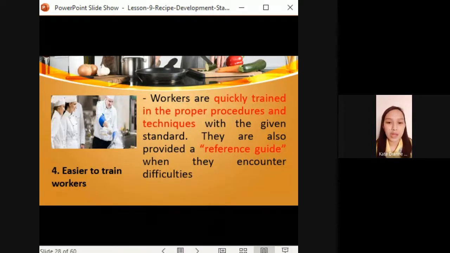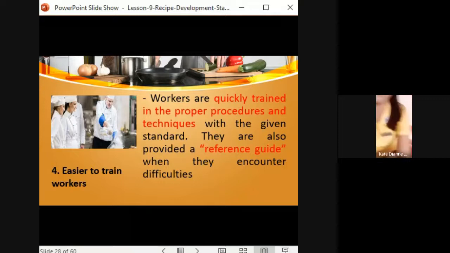Correct. Then with Remelin, na may sinusunod na kasi tayong standardized recipe as well as the procedure. That is why it is easier to train workers.